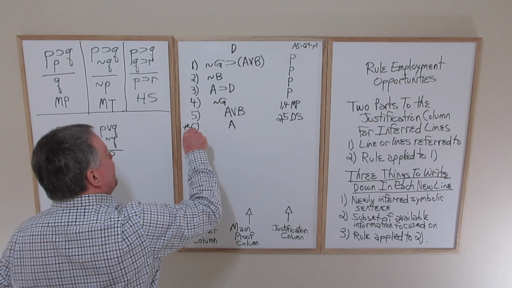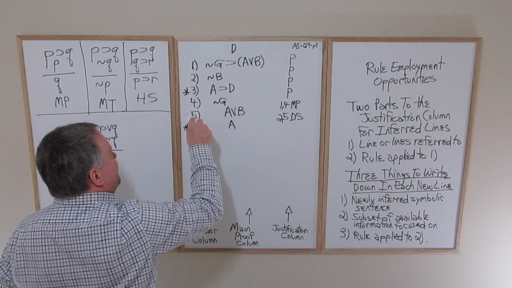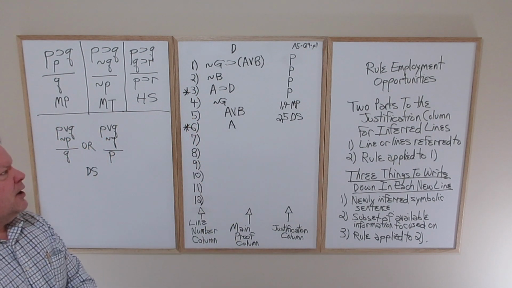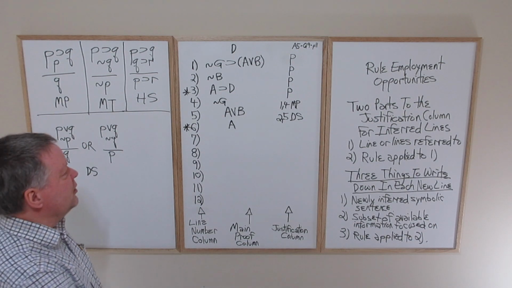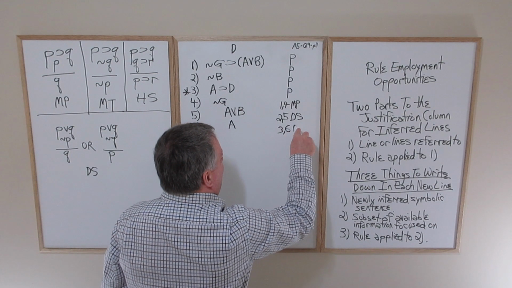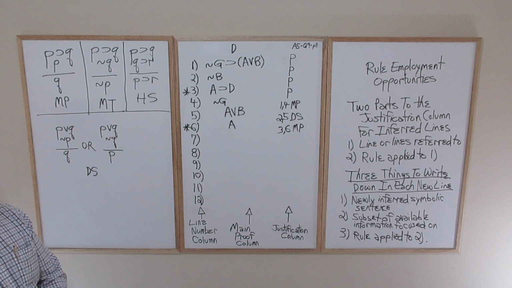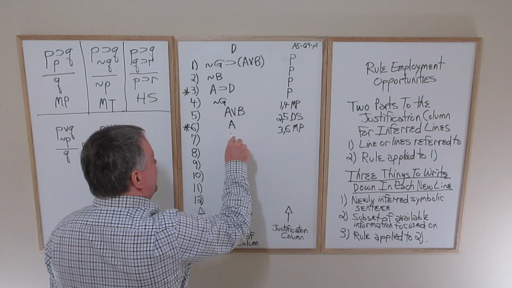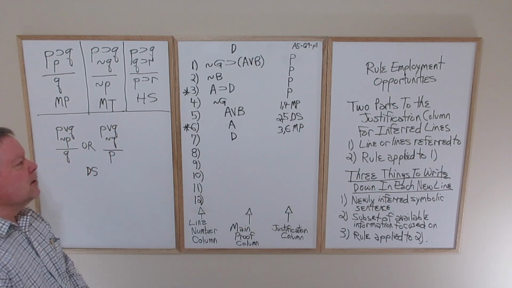We scan the available data, looking for a rule employment opportunity, and there it is, lines 3 and 6. We've got a conditional and its antecedent. So modus ponens entitles us to validly derive the consequent of that conditional, which is D.